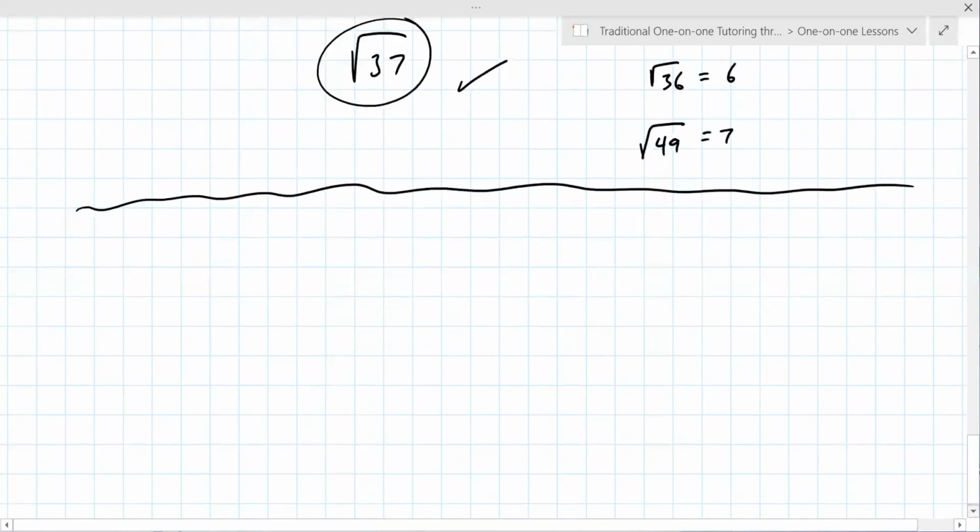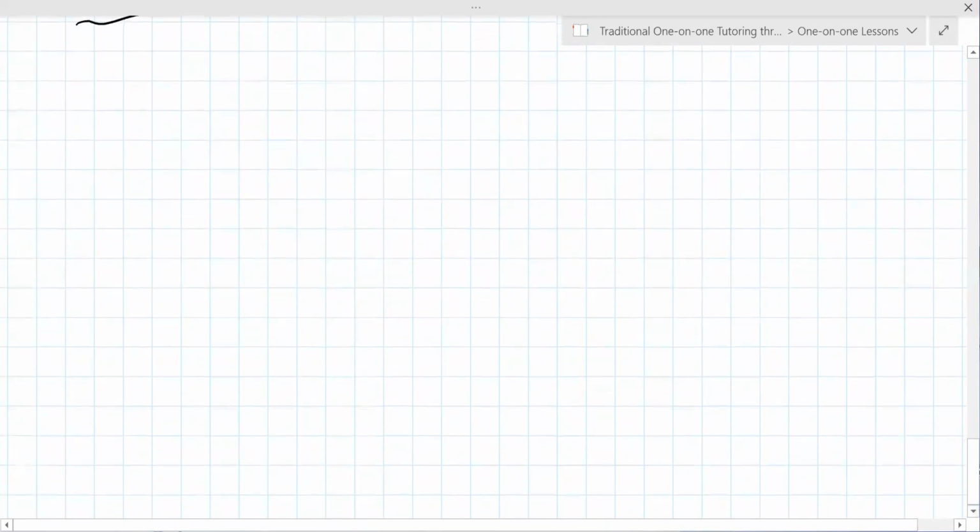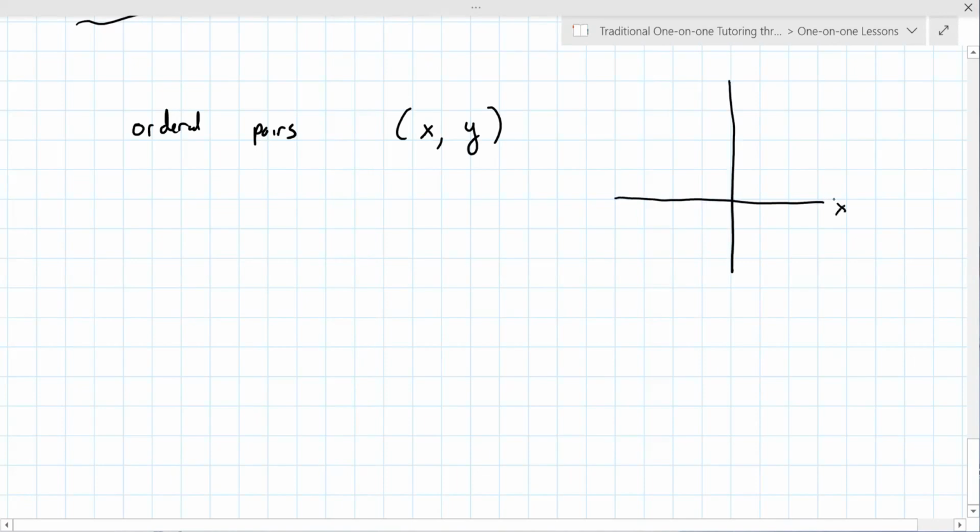All right, so we're really almost there. The way that these distance formula problems start out is they actually give you what are called ordered pairs. An ordered pair means X comma Y. And you know that X is the horizontal axis and Y is the vertical axis.